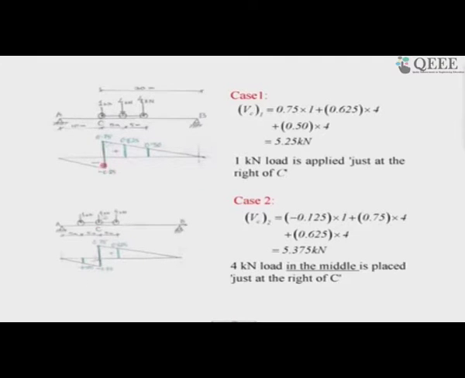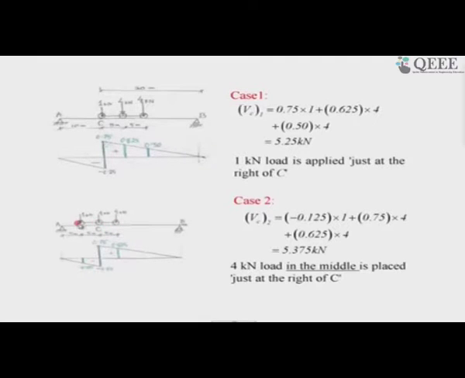Here it is. I have pushed the load to an extent that the 4 kilonewton load is just at the right of C. I could not show it in my diagram, nor is it shown in the book. Another 4 kilonewton load is 5 meters away, so no problem.